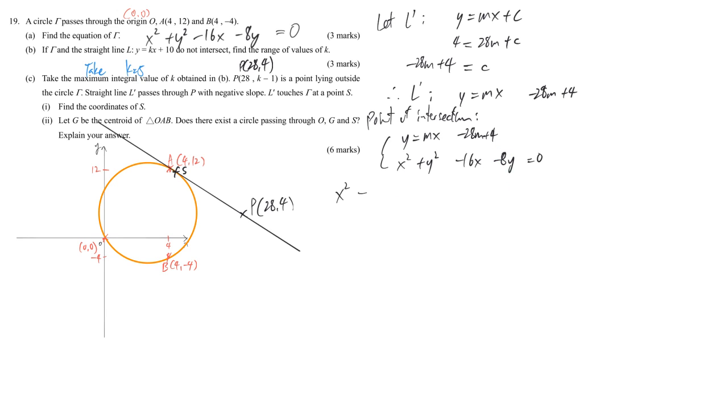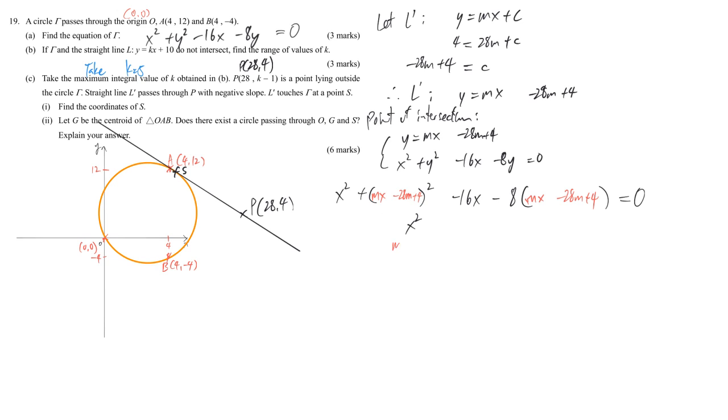So we have x squared plus y squared minus 16x minus 8y equal to 0. It's very important to make good use of the space. So mx minus 28m plus 4, squared. We are going to expand it. So the first part we have x squared, and then we handle the second term in the second row.